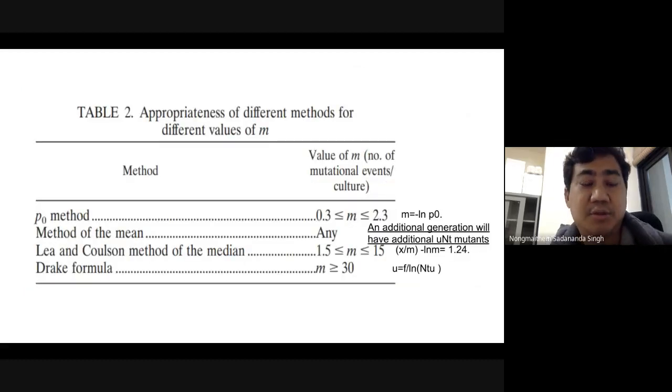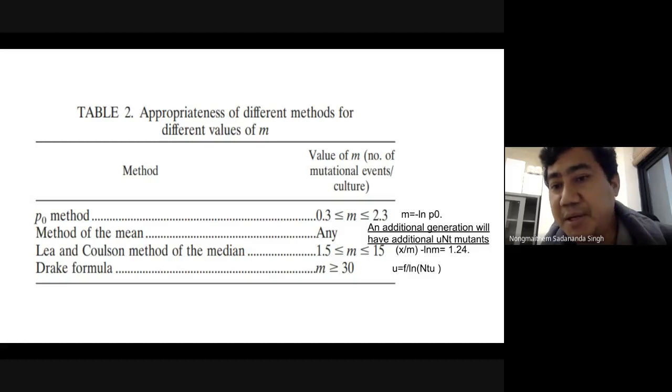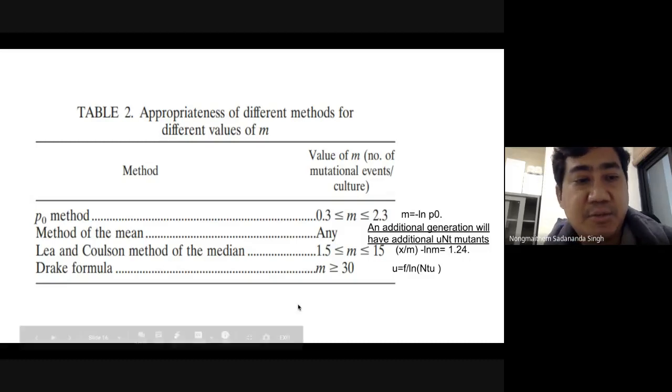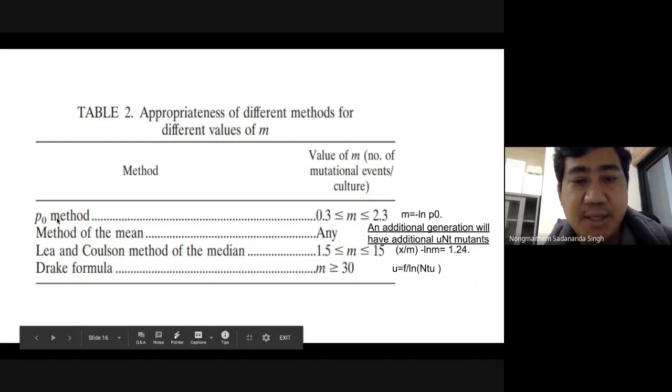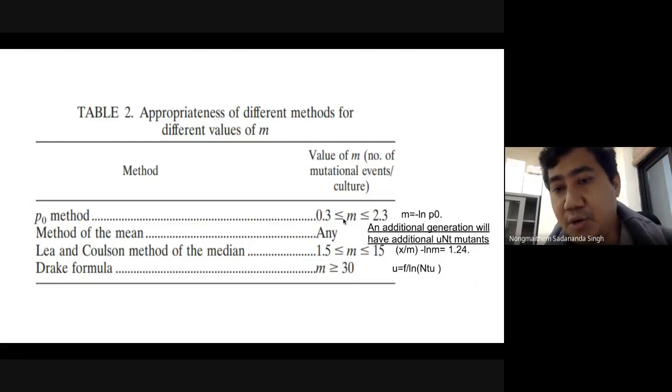So now what I have been talking about is there are different types of calculating mutation numbers depending on the model. The P0 method that I focused on earlier holds true when M, the mutation number, is between 0.3 and 2.3. If it is below 0.3, again, it's not good.